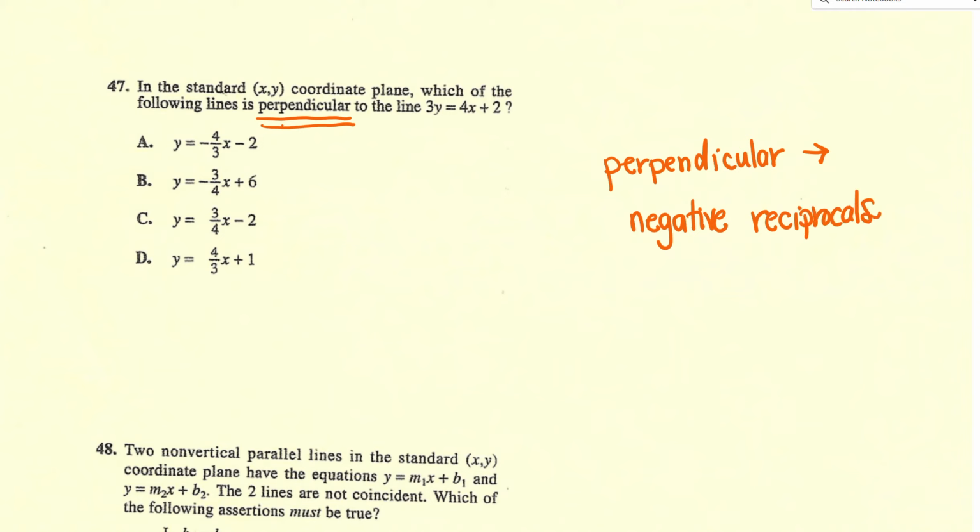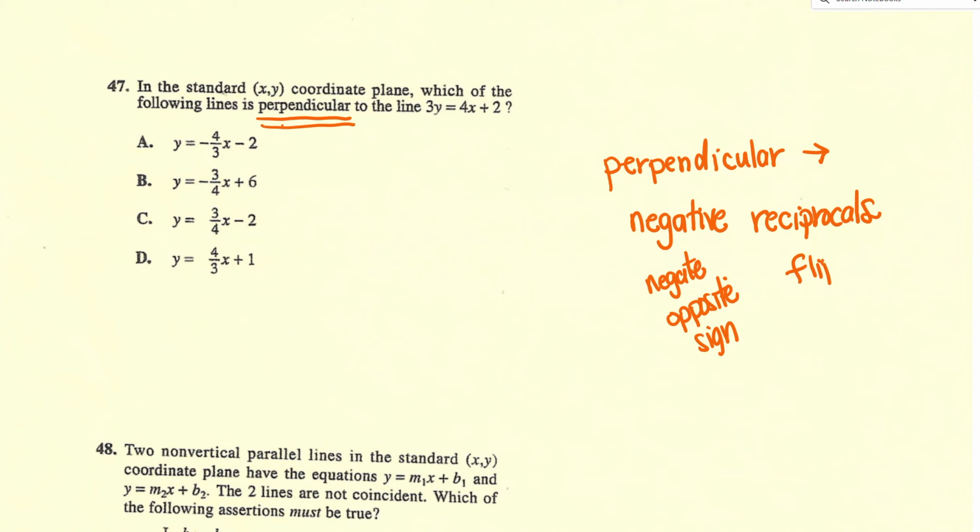Now, what does that mean? Negative means to negate or be the opposite. Like if I'm positive, I'm going to negate it and make it negative. But if I'm negative, I'm going to negate it and that turns it back to positive.